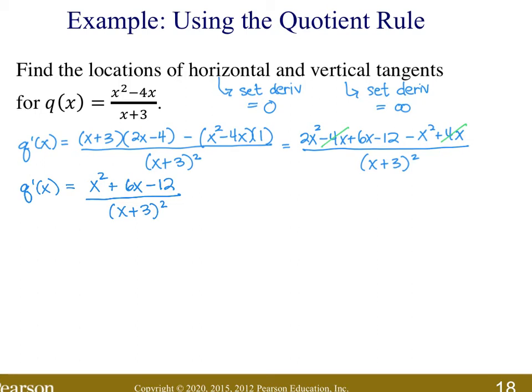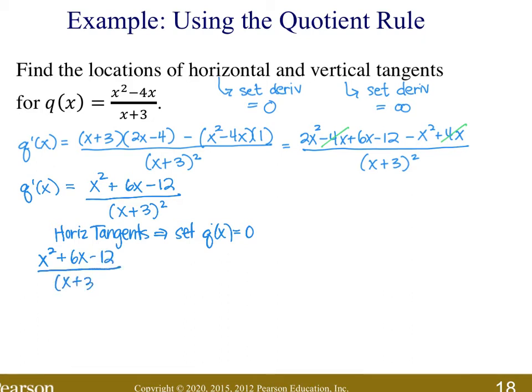All right, to find horizontal tangents, I want to set q prime equal to 0. So that would be setting x squared plus 6x minus 12 over x plus 3 quantity squared equal to 0.